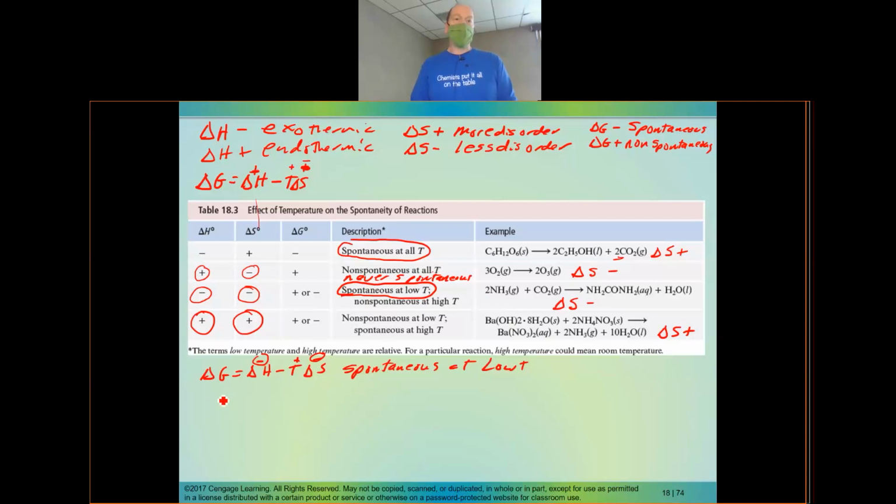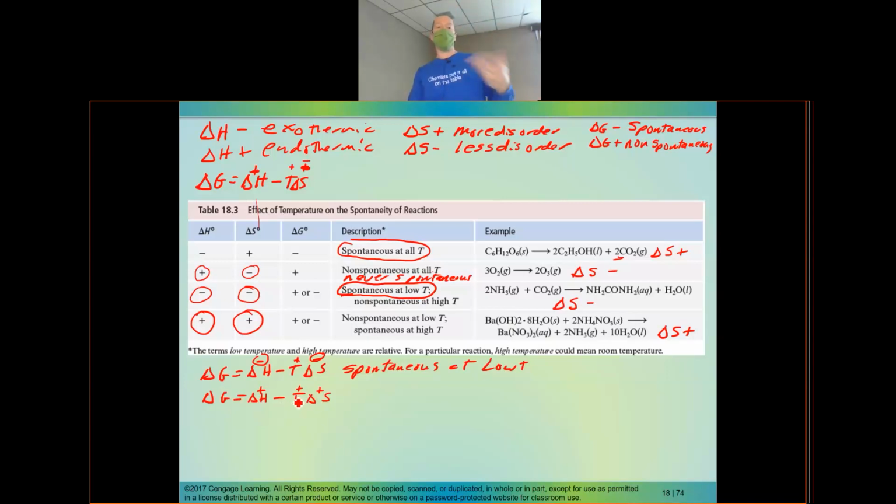All right, and so now when it's both positive, you have your delta G is equal to delta H, that is now positive, minus temperature, always positive, it's in Kelvin, and delta S now positive. So now we have a positive number minus a number. In order for this number to override the positive delta H, now we need a large negative value.